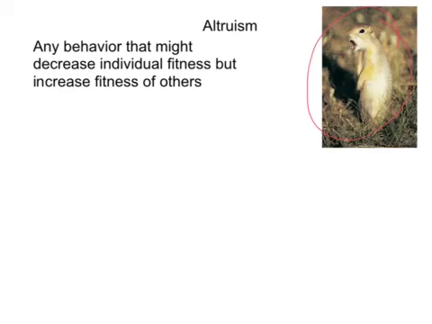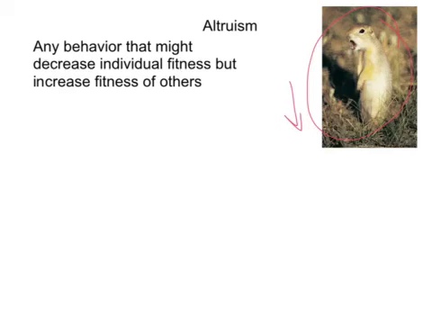That behavior is going to benefit the others around it. The other organisms are going to hear that warning cry. They're going to hide, they're going to run, they're going to hopefully get away from the predator. It decreases this individual's fitness because, by making that loud noise, it has attracted attention to itself from the predator.